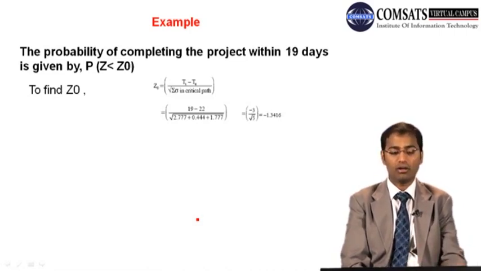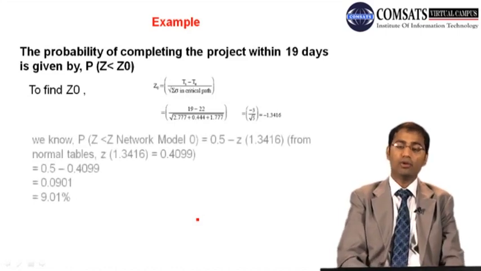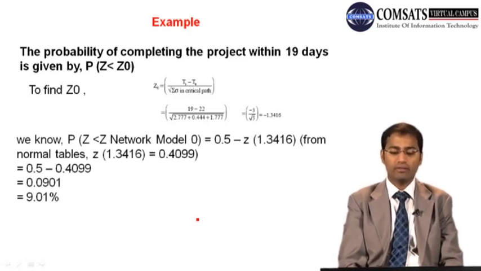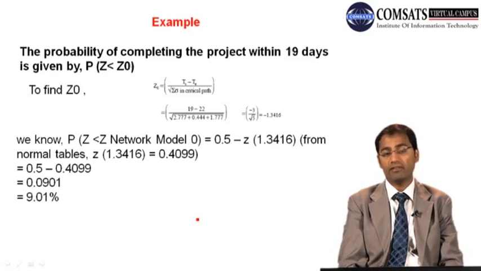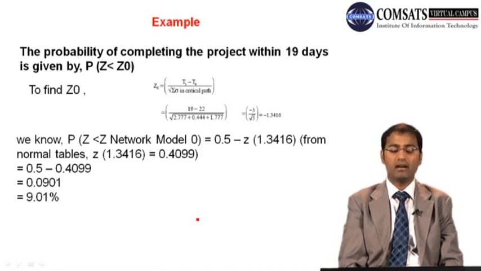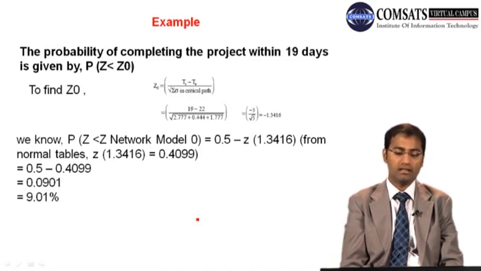So this is the value of Z naught, and we know that the probability of Z network model greater than Z is equal to 0.5 minus Z of 1.3416, and from normal tables Z 1.3416 is 0.4099. So 0.5 minus 0.4099, we are having 0.0901, and hence the probability is 9.01%.